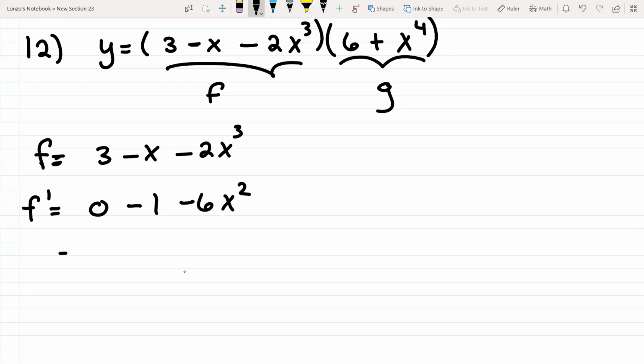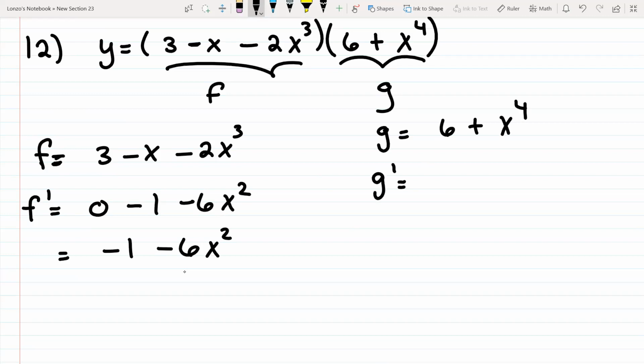So that would be -1 minus 6x squared. And then g would be 6 plus x to the 4th. So g prime would be 0 plus 4x cubed. So that would be 4x cubed.